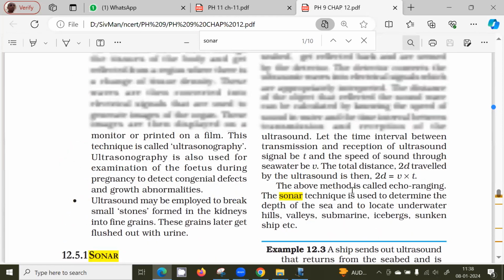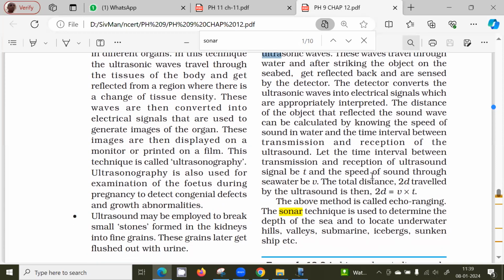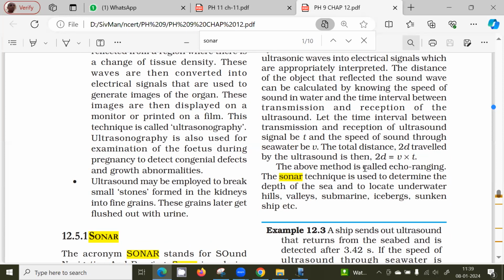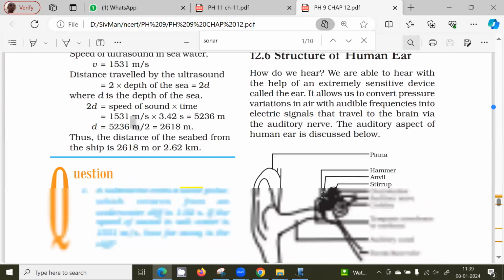Sonar is basically emitting ultrasound. Ultrasonic waves: ultra means high, so ultrasonic means high frequency, beyond 20,000 hertz. From this I can find the depth of the sea. Similarly, I can find cracks.